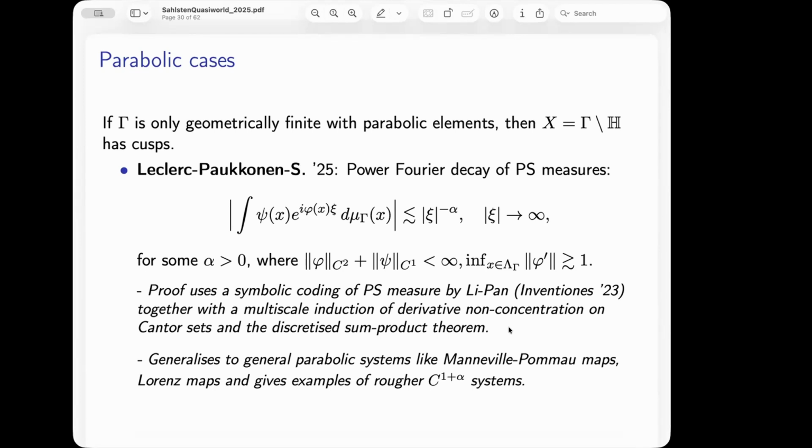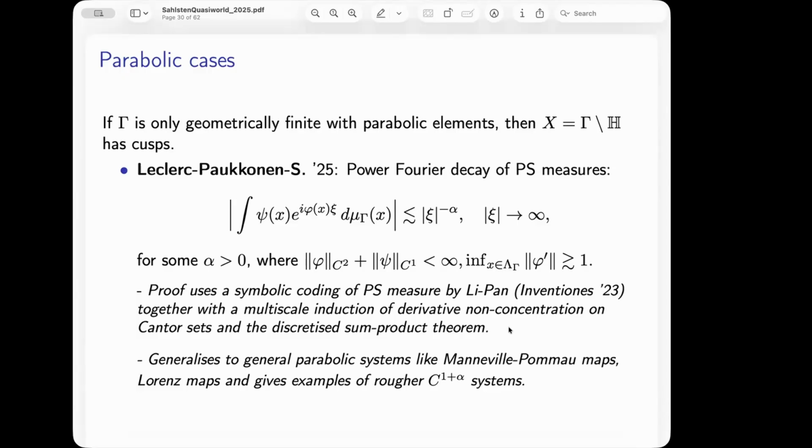So thanks to Jialun Li and Wenyu Pan for this paper. But the point also was that we didn't just restrict to the Patterson-Sullivan measures. It's given by some group, but it actually works in great generality, in any kind of parabolic system like Manneville-Pomeau maps and some rougher examples that we can work on.